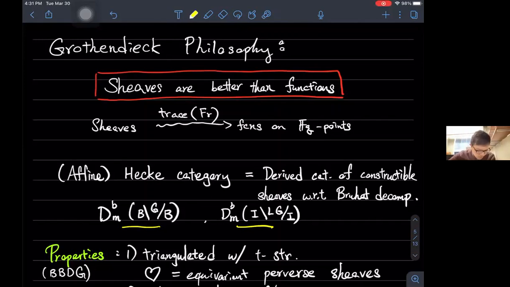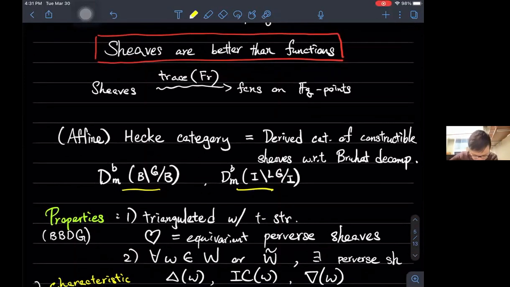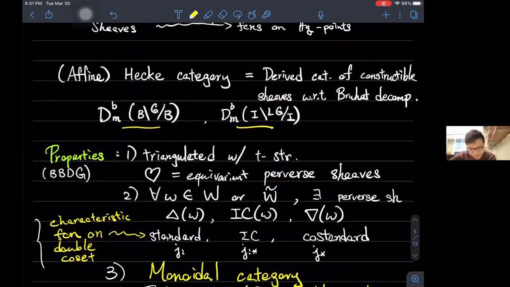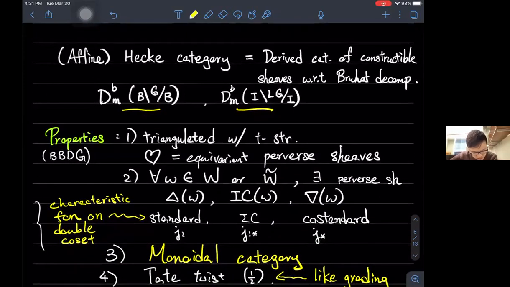Yeah, I wouldn't be able to explain the definitions of these derived categories. If you're interested, you could read the famous book by Beilinson, Bernstein, Deligne, and Gabber about perverse sheaves.